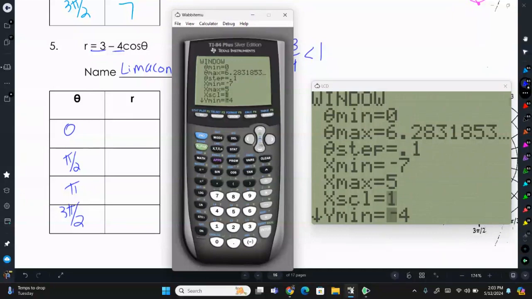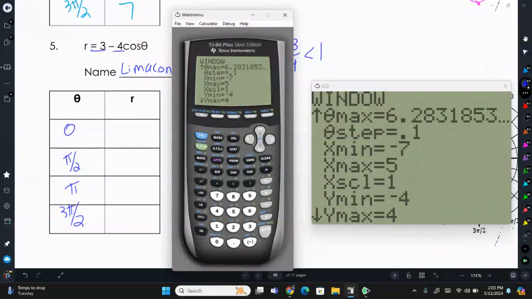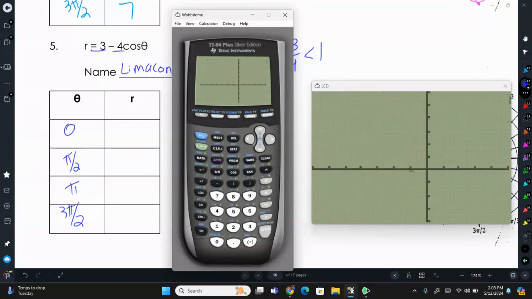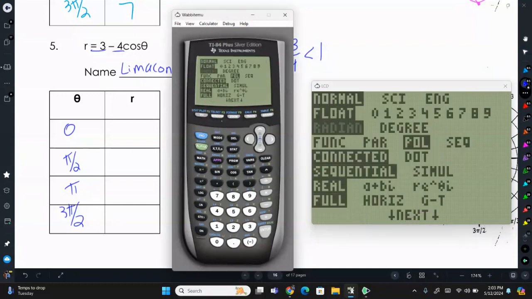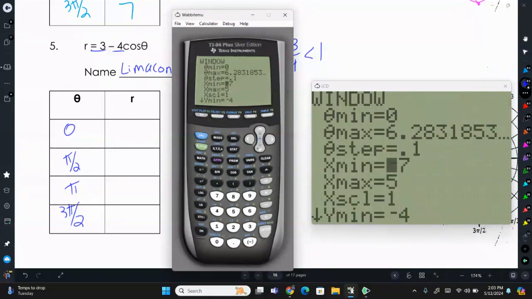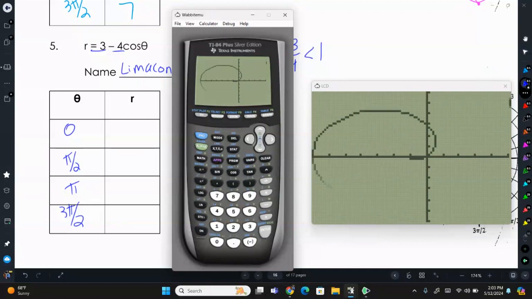So our y max, maybe we'll change that to 6 as well, just to be safe. All right, we can't see that one down there. So, whoops, we need to change our y minimum also to -6. All right, now we can see everything.